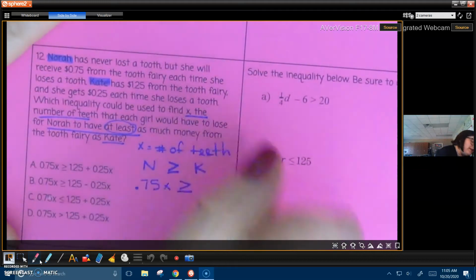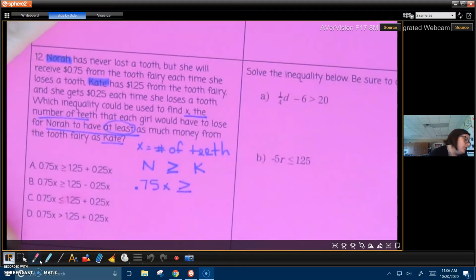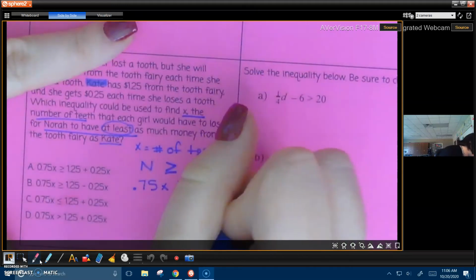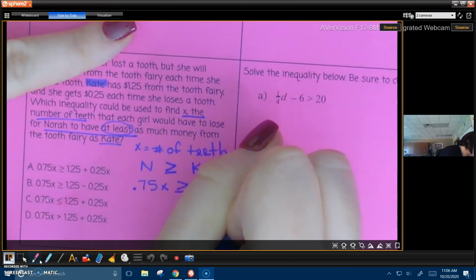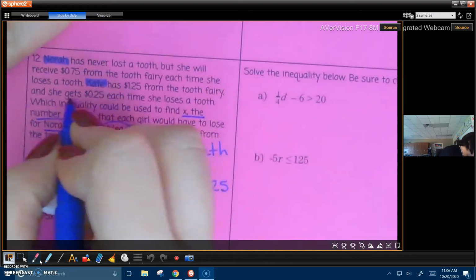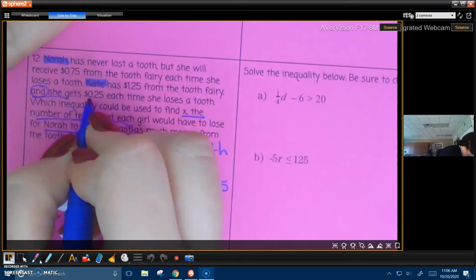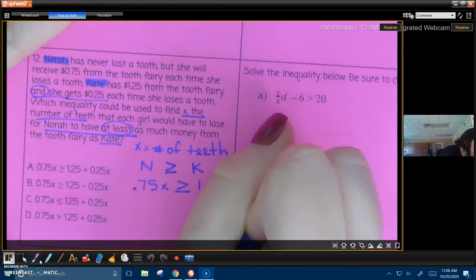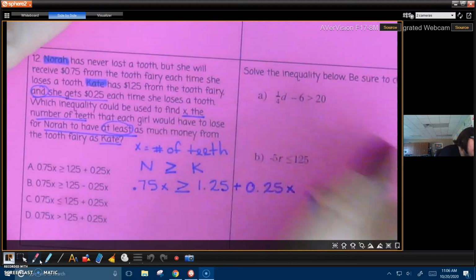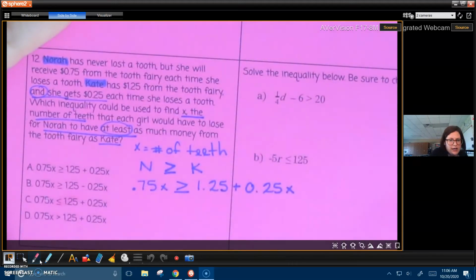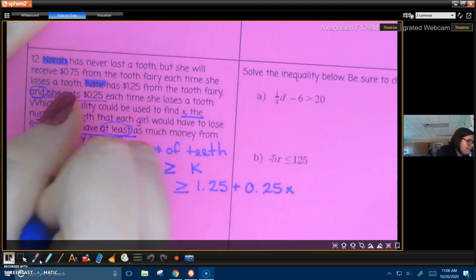And we're looking for when this will be greater than or equal to how much Kate has. Kate has already earned $1.25, and she gets 25 cents, so we're going to add 25 cents for every tooth that she loses. So the inequality that matches this is going to be A.